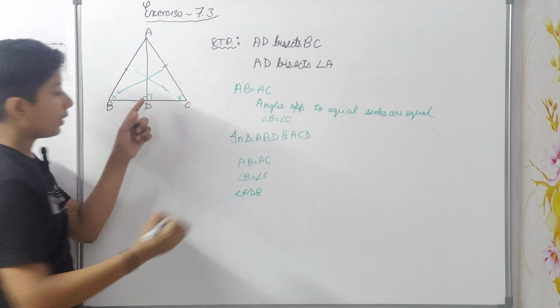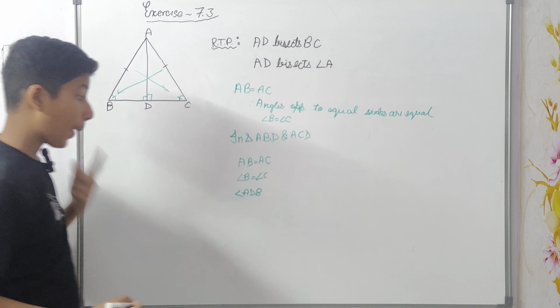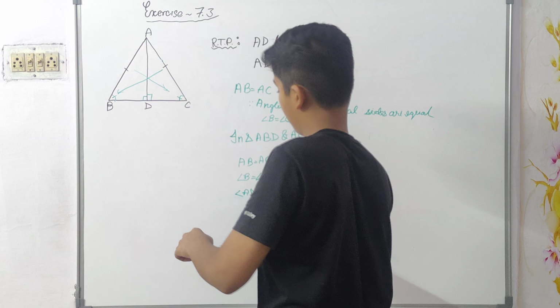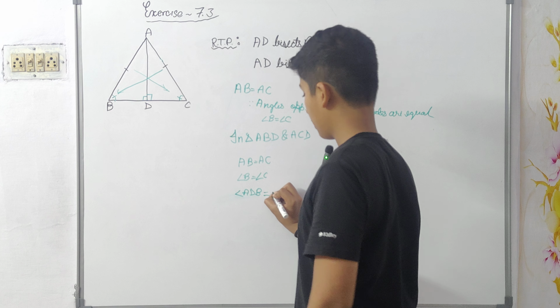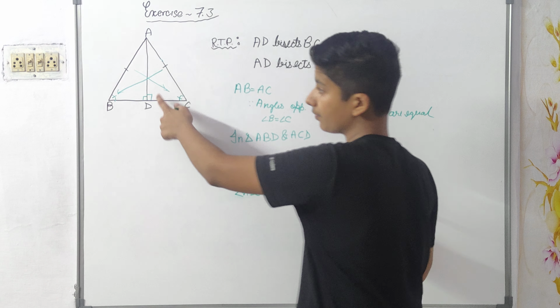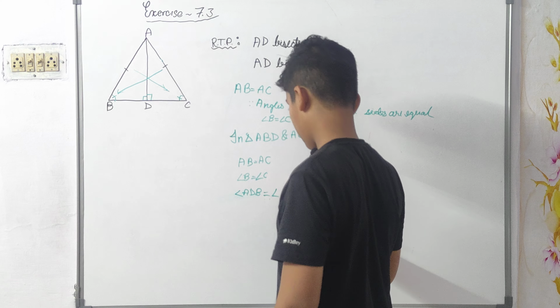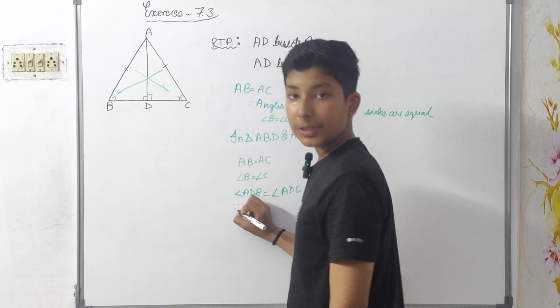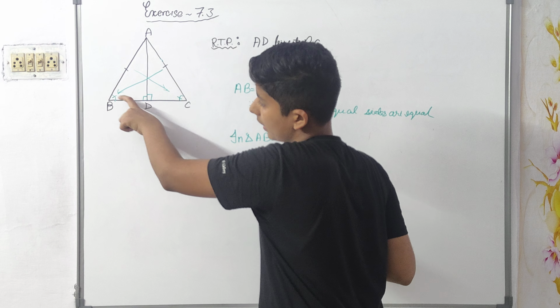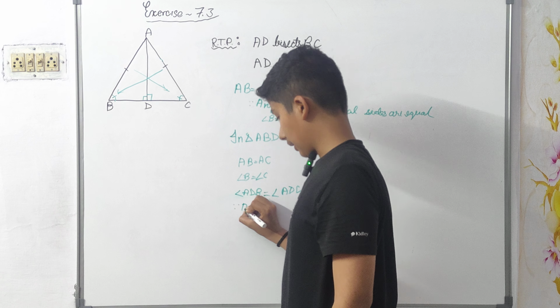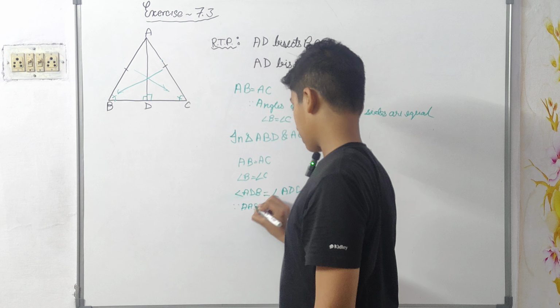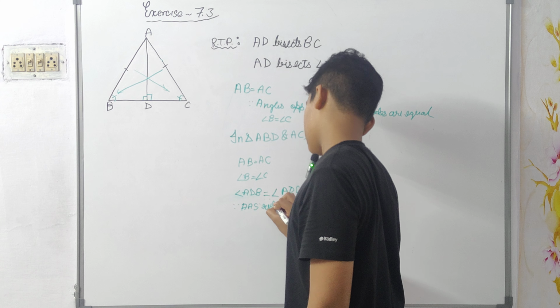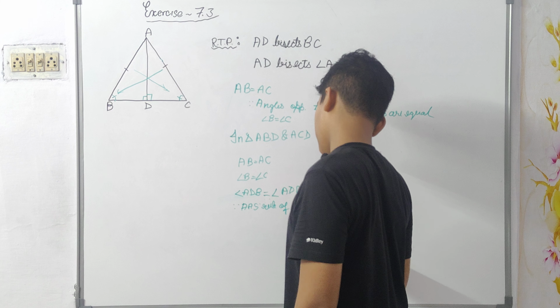So I will be using this 90 degree angle. Okay, angle ADB equal to angle ADC. Therefore, which rule will be getting applied? Angle and side means AAS of congruency.